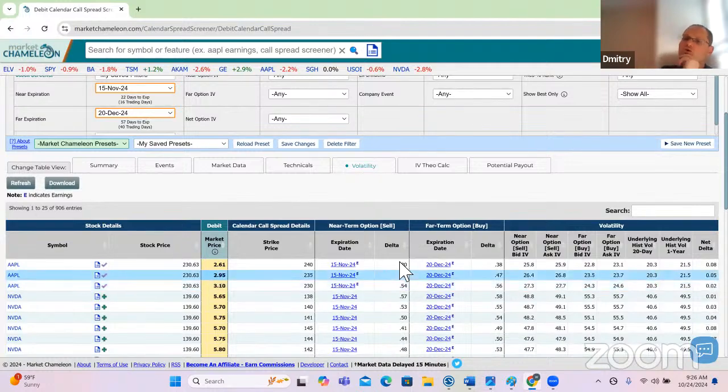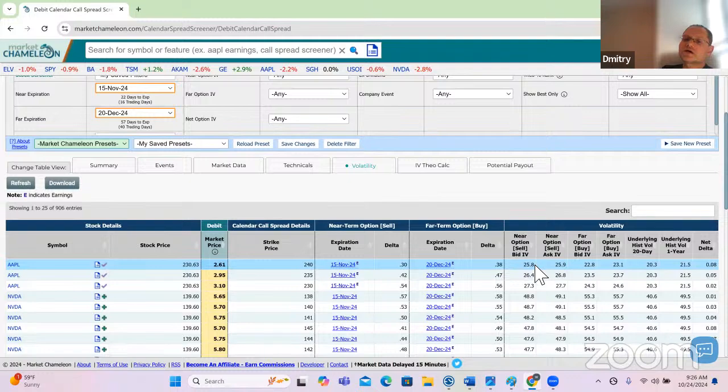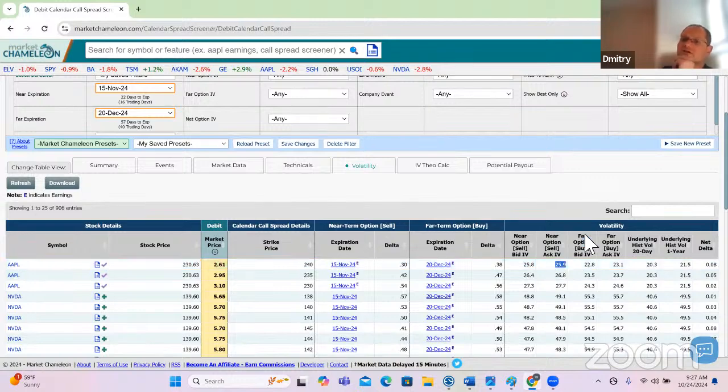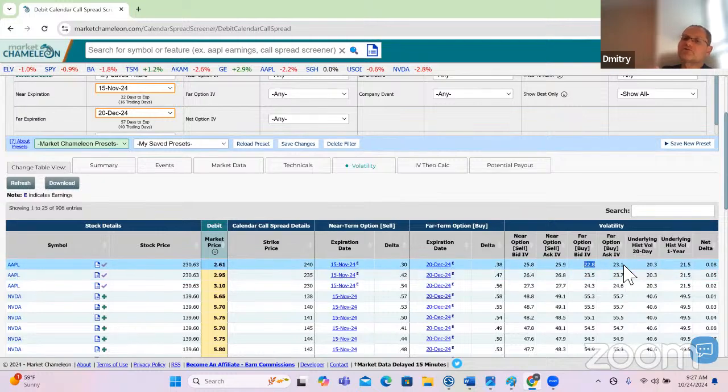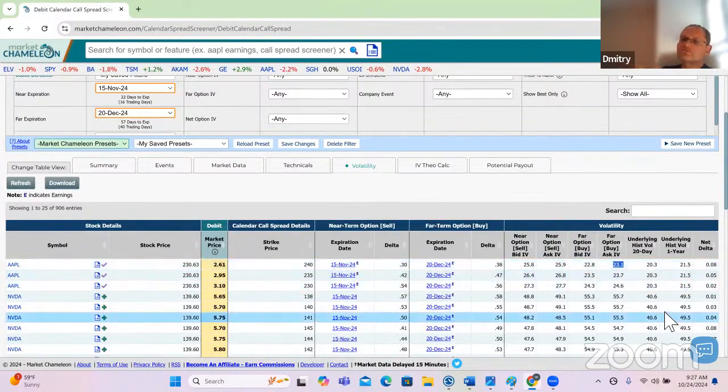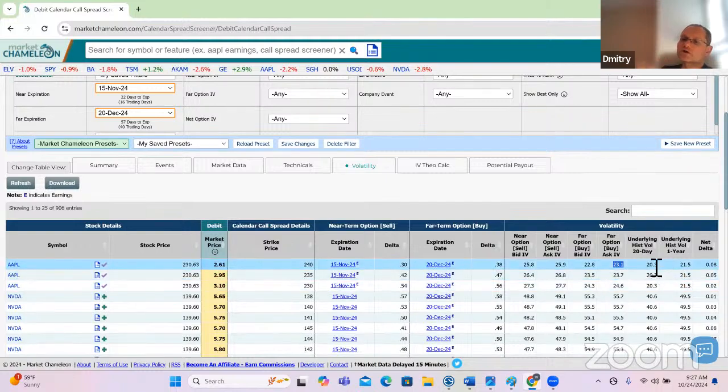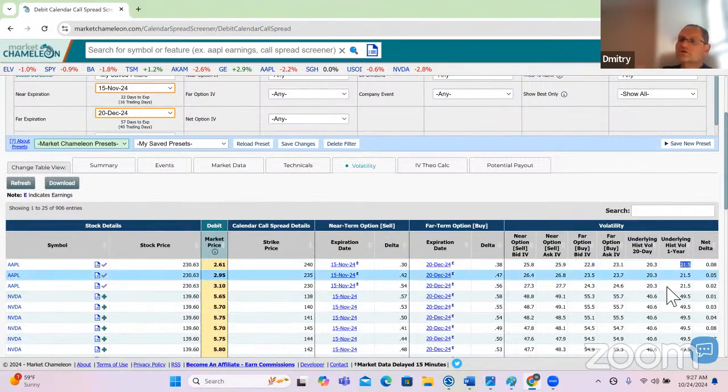There's a near option, and for the near option we have the bid and the offer, so you have two implied volatilities. Then you have the further away option, which has implied volatilities for the bid and the offer. Okay, and we could quickly compare this to the historical volatility of the stock over 20 days and over 1 year.